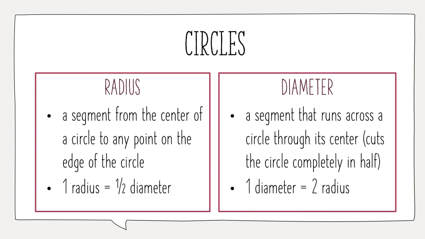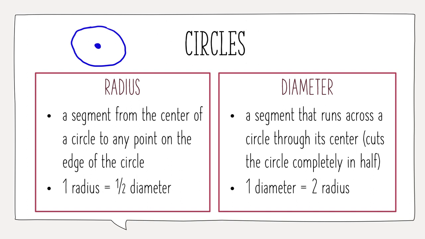On the board, it says a radius on the left block is a segment from the center of a circle to any point on the edge of the circle. Pictures are usually a lot better for us than a bunch of words. So if I were to draw a circle, and I'm going to put its center, there's my circle.